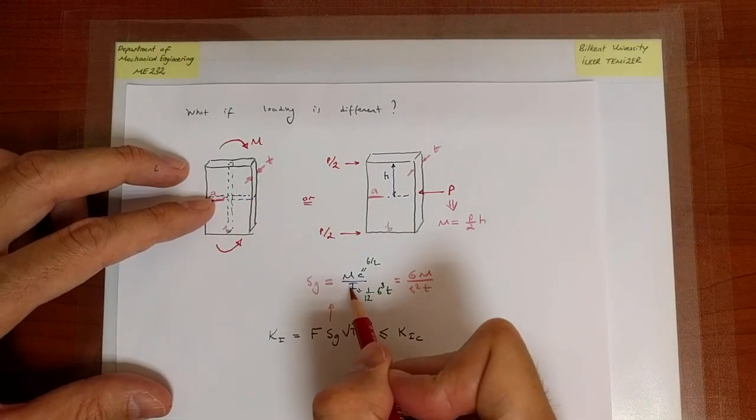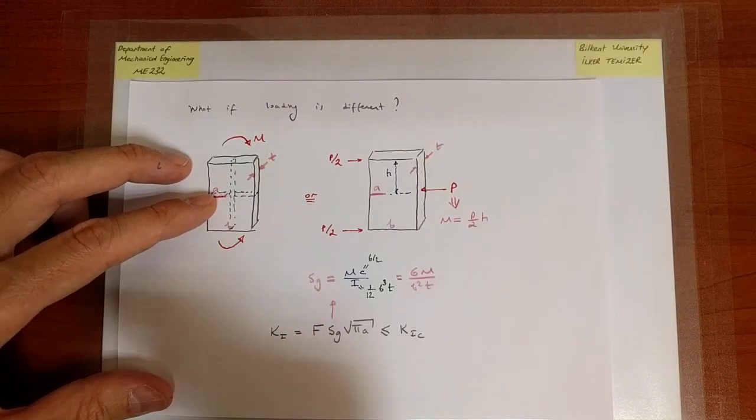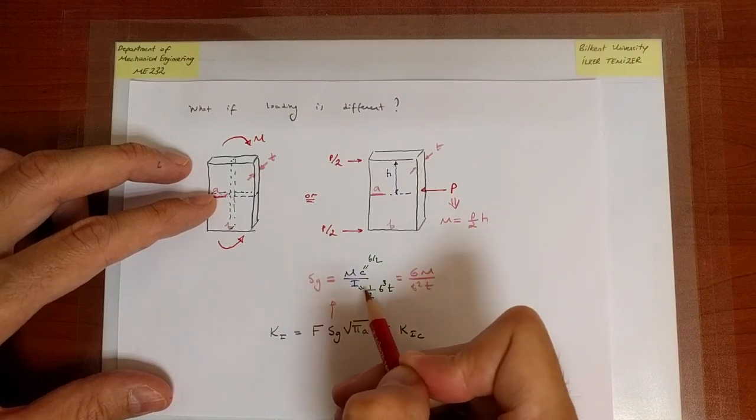So the value of I, or C for that matter, is not reduced by the area reduction due to the crack. I omit the crack altogether. So it's just a simple mechanics of materials calculation.